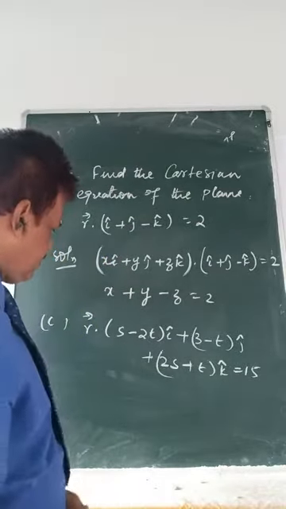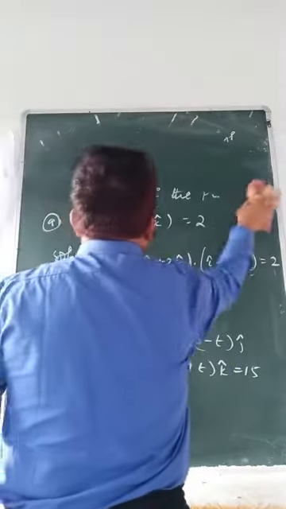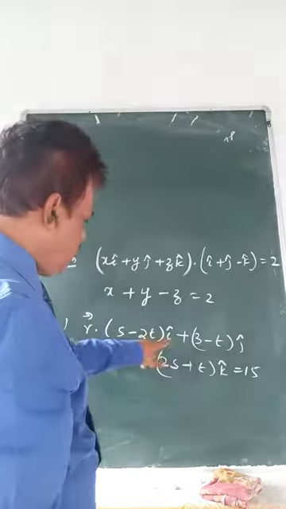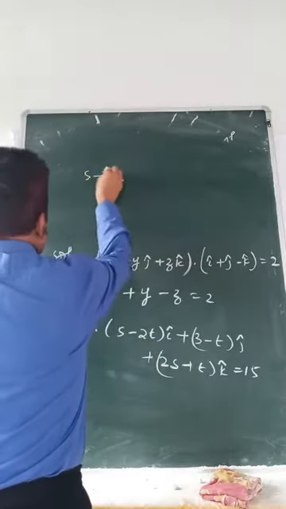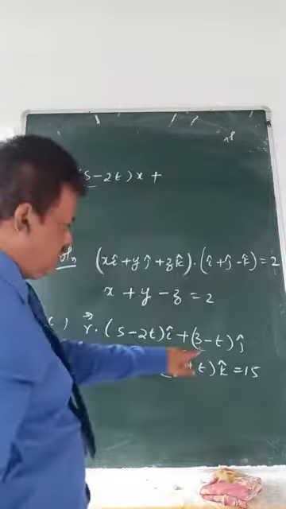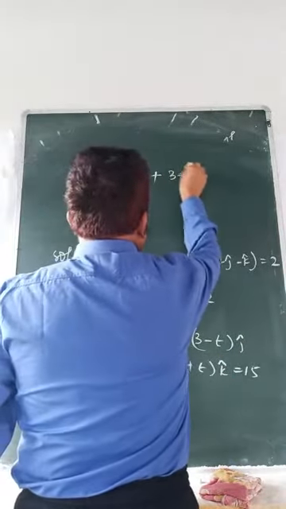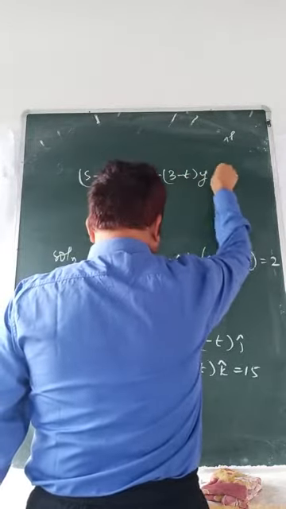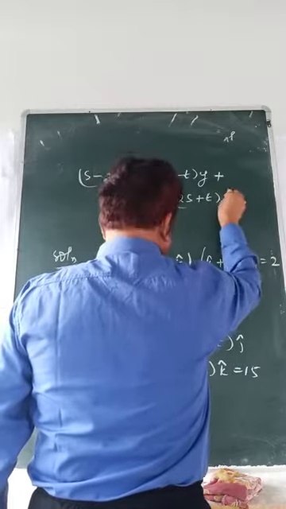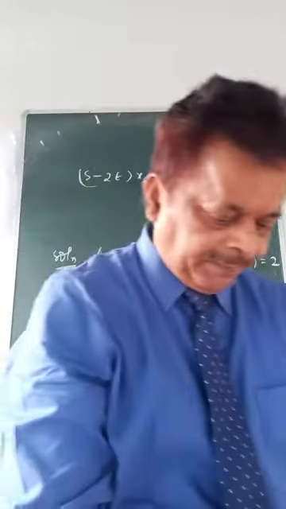So you get (s minus 2t)x plus (3 minus t)y plus (2s plus t)z equals 15. This is a very simple question of 1 mark.